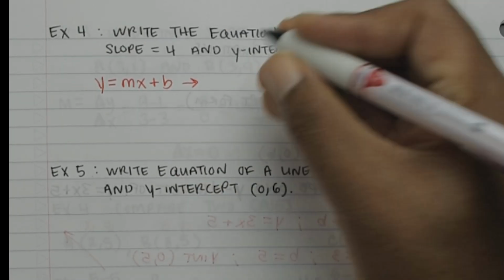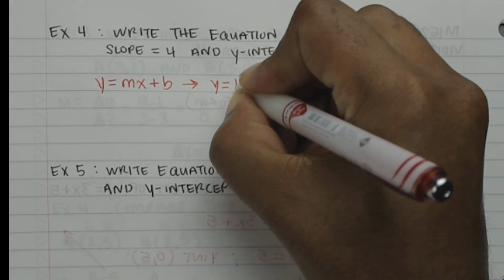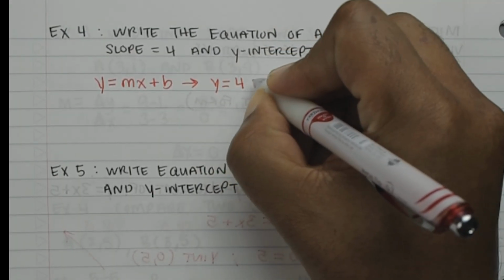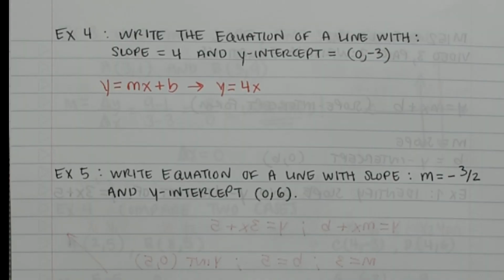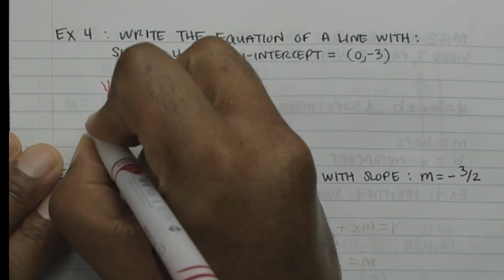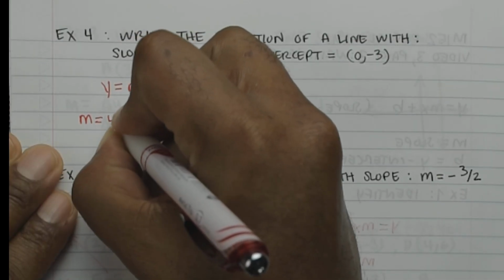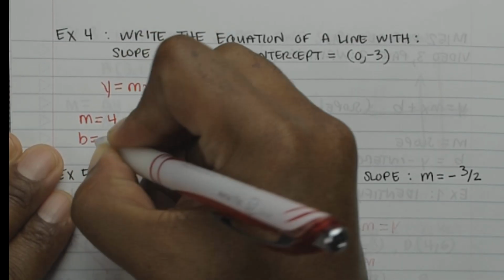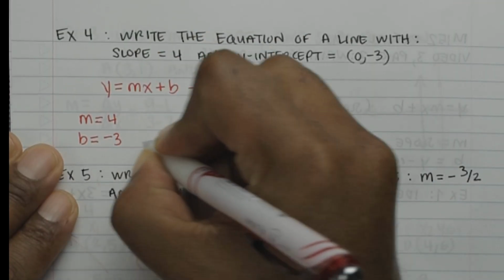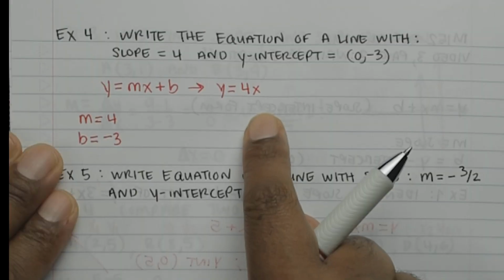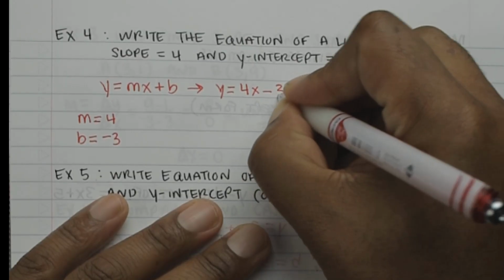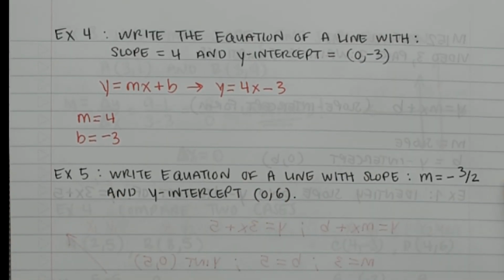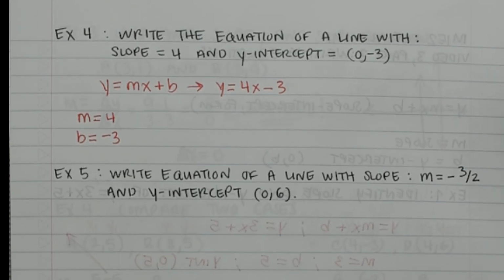The data says that the slope, or the coefficient, is 4 and b is equal to -3. So m is equal to 4 and b is equal to -3. So we have essentially all that we need to finish this equation.